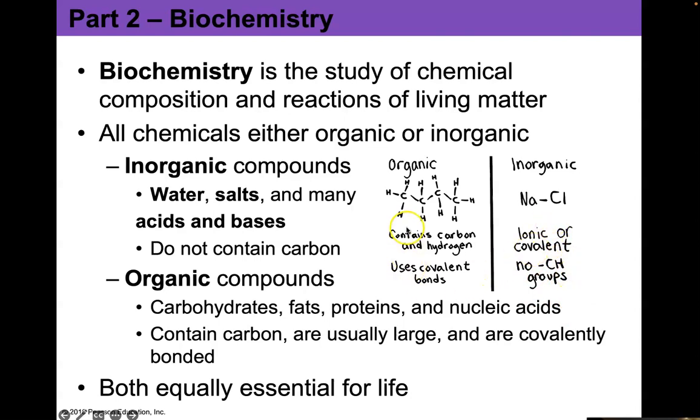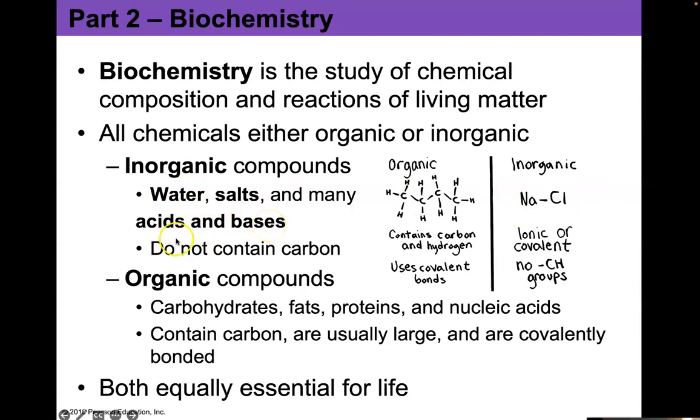So you can't just say organic is covalent and inorganic is ionic salts, right? Because there are some, you talk about water, right? Water has covalent bonds within the water molecule, but there are no carbon hydrogen groups. So we know it's inorganic, okay? So inorganic compounds that you need to know: water, salts, and many of our acids and bases, okay?